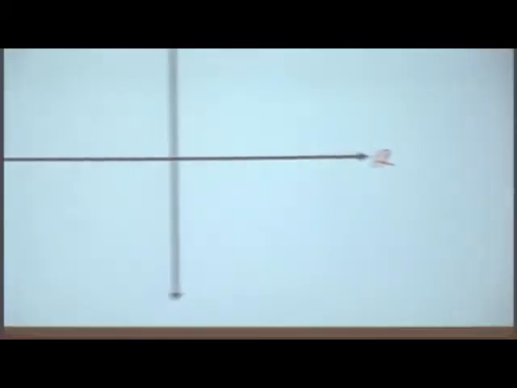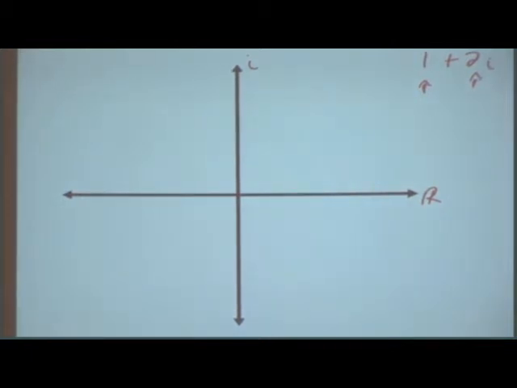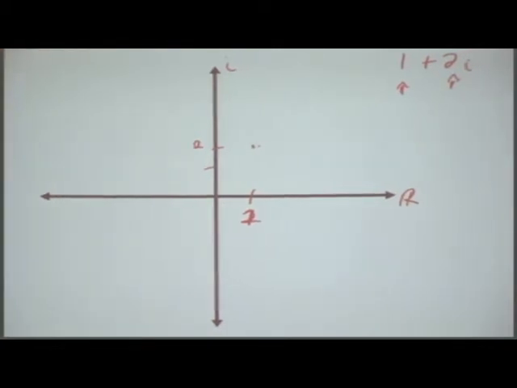So when we're graphing this number, we look at the real coefficient, which is 1, and we go over that many units on the real axis. And then we look at the imaginary coefficient, which is 2, and we go up 2 units on the imaginary axis. So you see how every Gaussian integer has some coordinate in space. That would be 1 plus 2i.